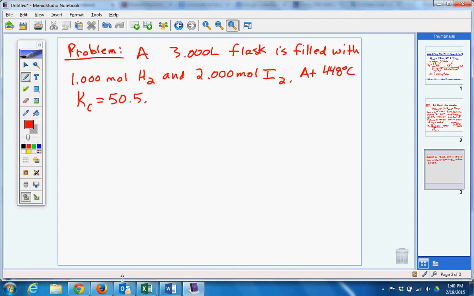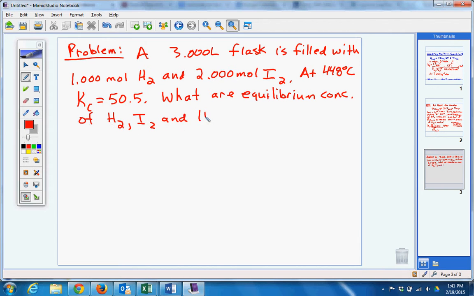What are the equilibrium concentrations of H2, I2, and HI in moles per liter?